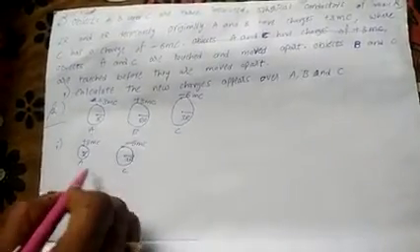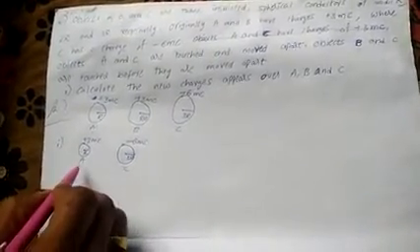Now first we have to find the total charge held by these two spherical bodies. This total charge is given by q initial, which is equal to q1 plus q2.